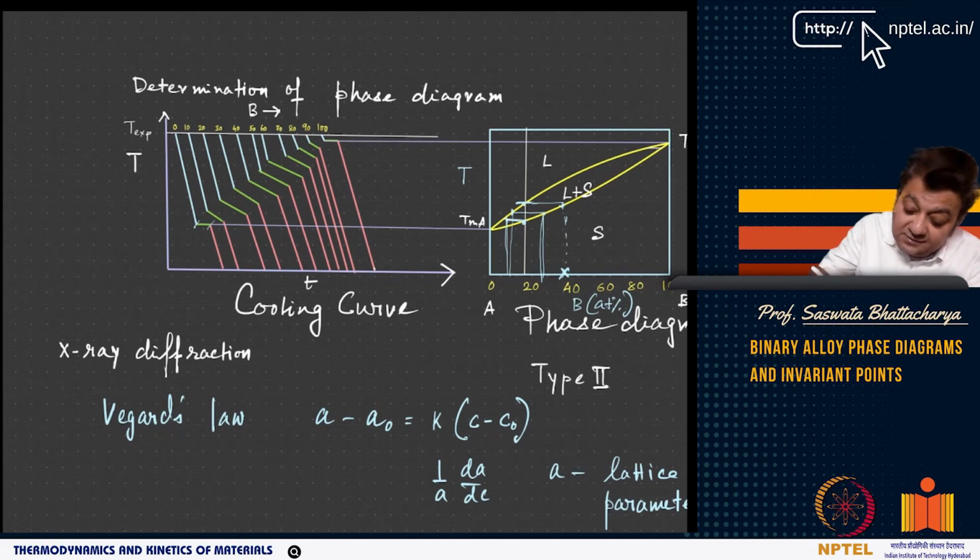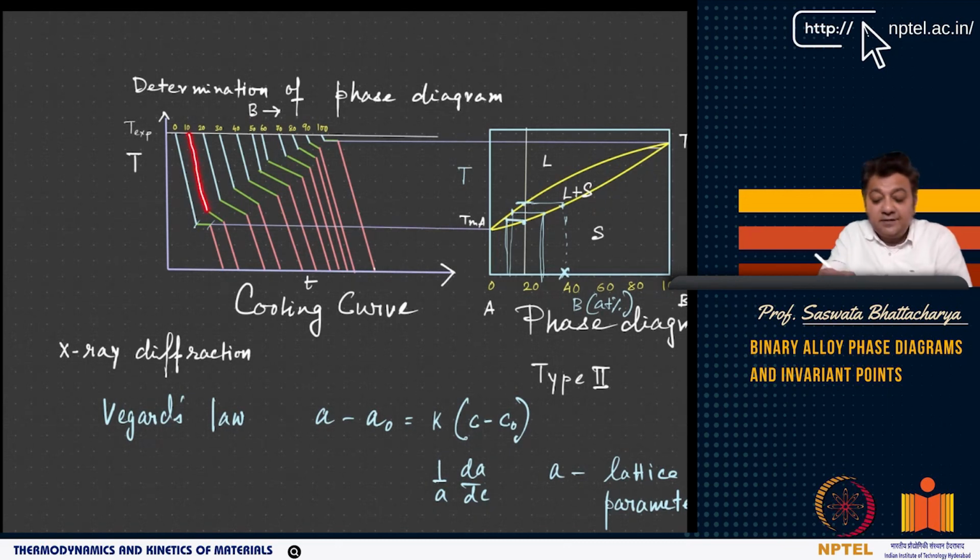Okay. So if you now draw a horizontal line and extend it, here what you hit is the melting point of pure A. Now you go to 10 atomic percent. In 10 atomic percent, the liquid cooling remains nearly the same.